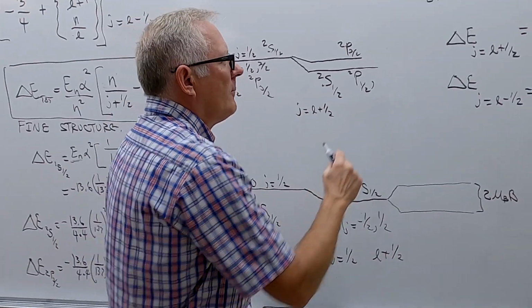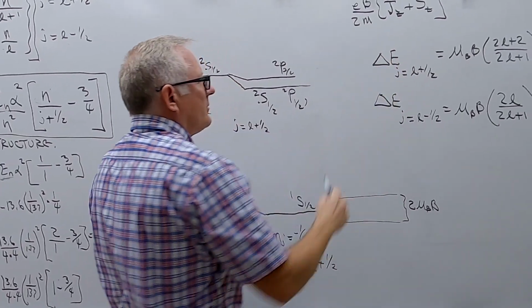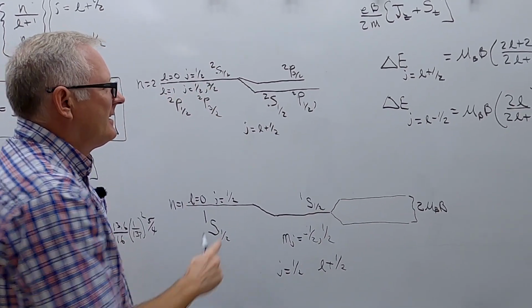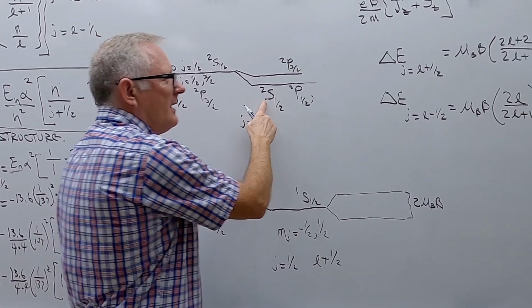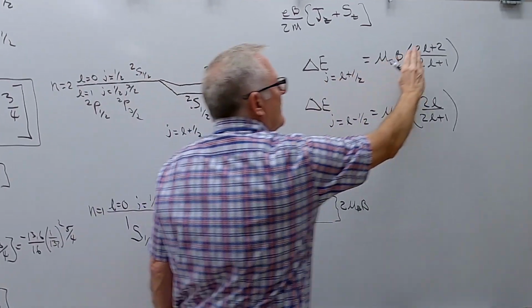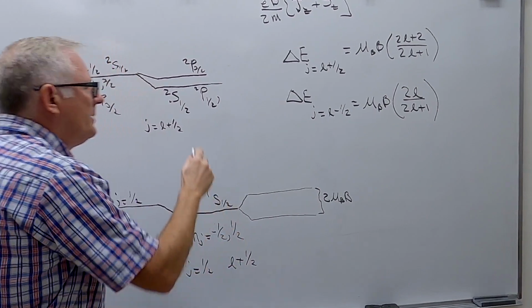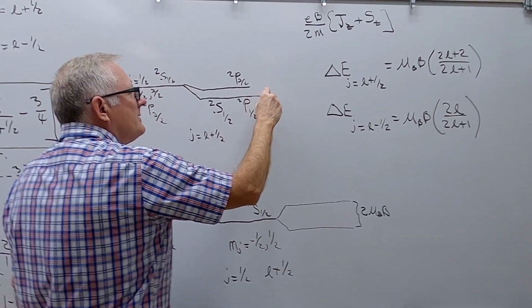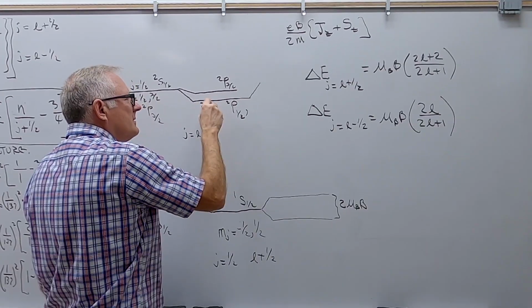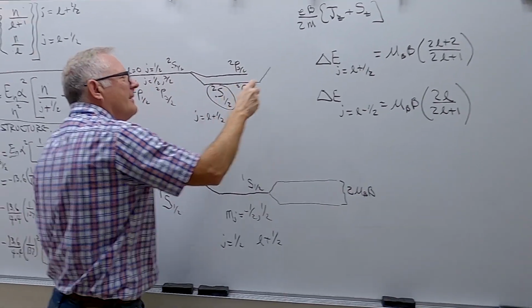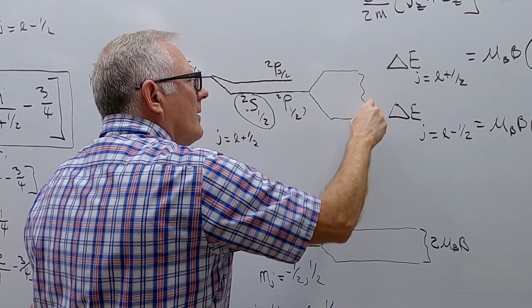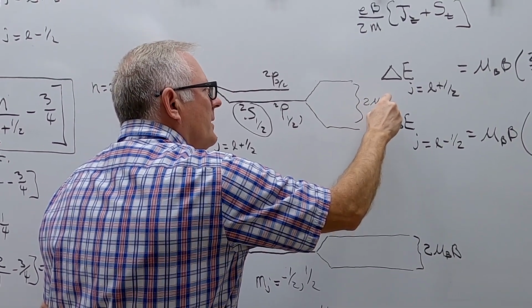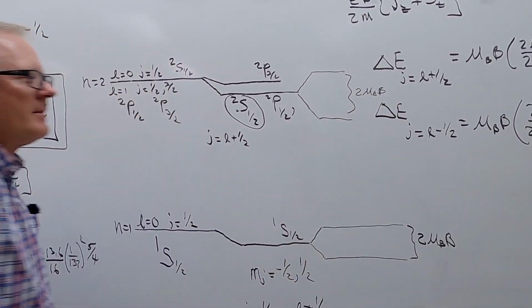So for this case, L is 0, and so that just becomes 2 mu_B B. So this one is going to separate these out by 2 mu_B B.